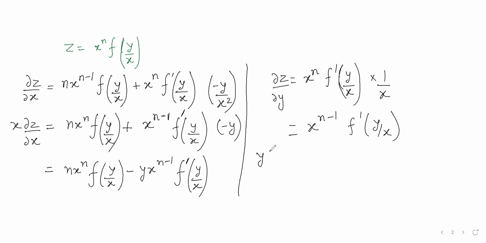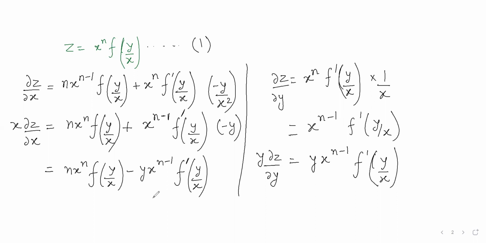Now we multiply with y: y del z by del y is equal to y x to the power n minus 1 f dash of y by x. We have given the equation numbers 1, 2 and 3.